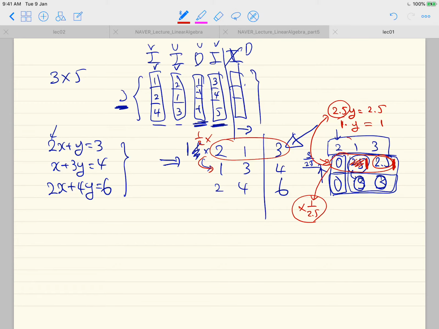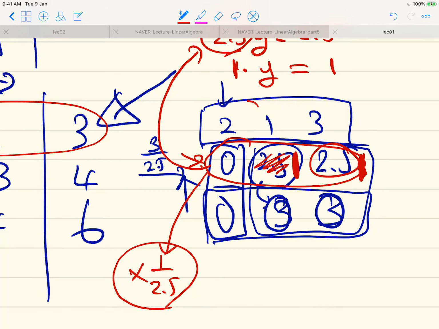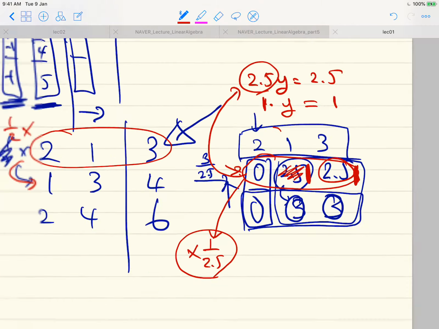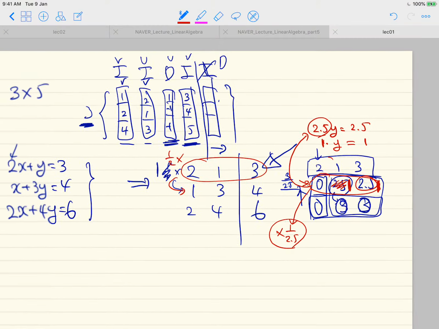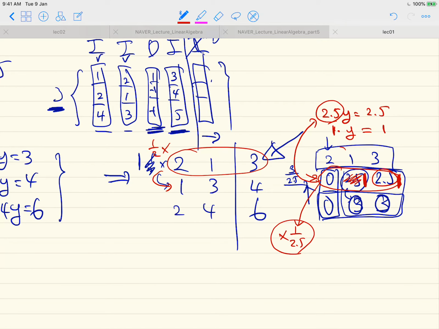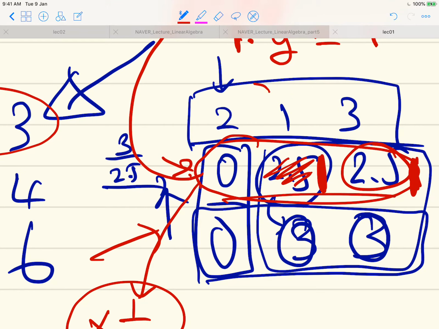Okay, and then once we do this Gaussian elimination, it reveals something called the pivot in this matrix. So in this case, once we do the row scaling on this, it changes to 0, 1, 1, and then we remove this entry by using this, right?